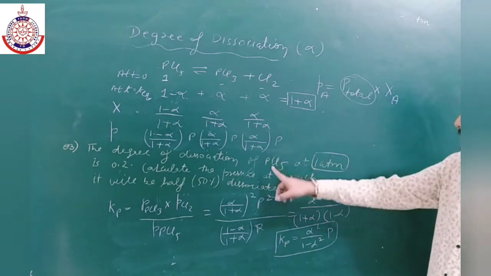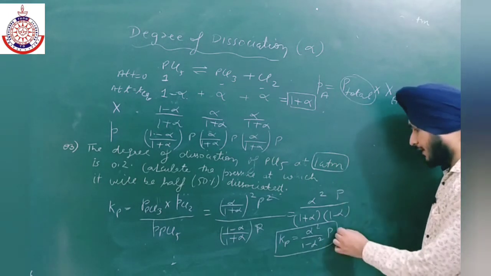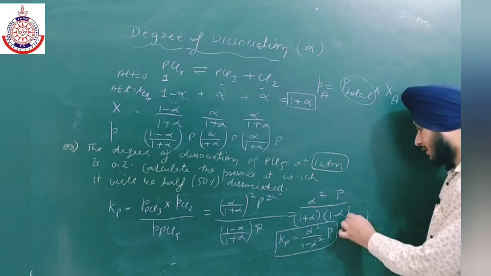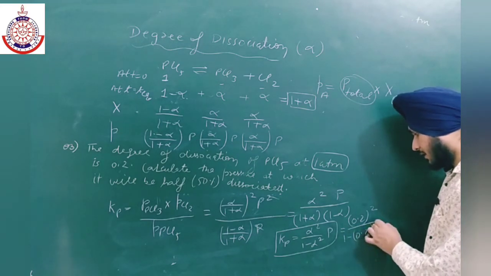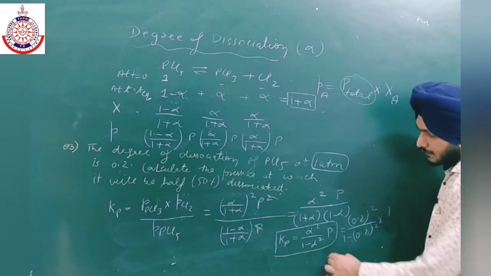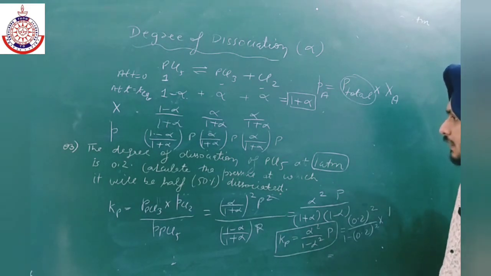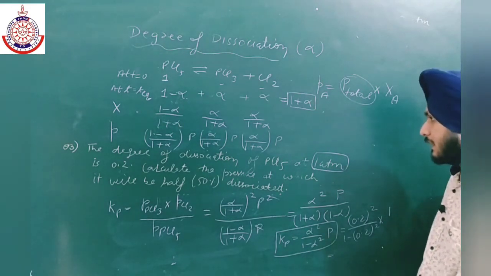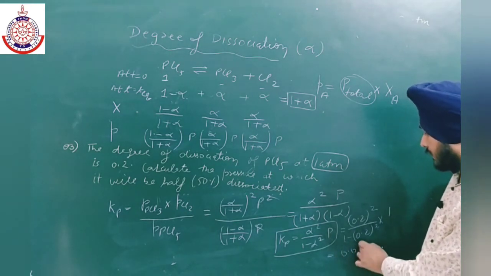We all know capital P and alpha are given to us. Capital P is 1 atm, and alpha is 0.2. So just put the values: 0.2 squared divided by (1 minus 0.2 squared) into 1. After the calculation we will get the answer as 0.0417, I think.